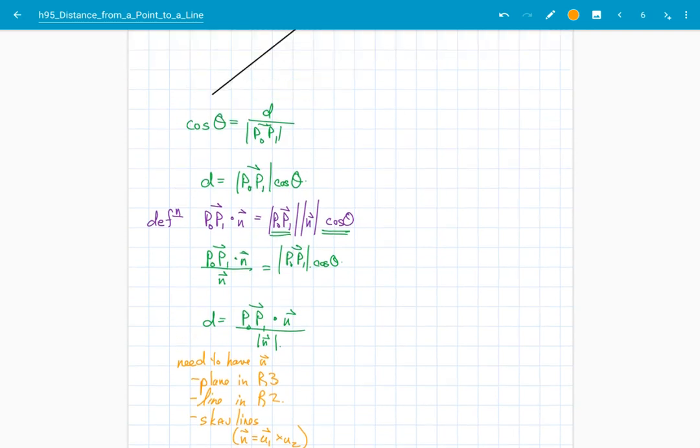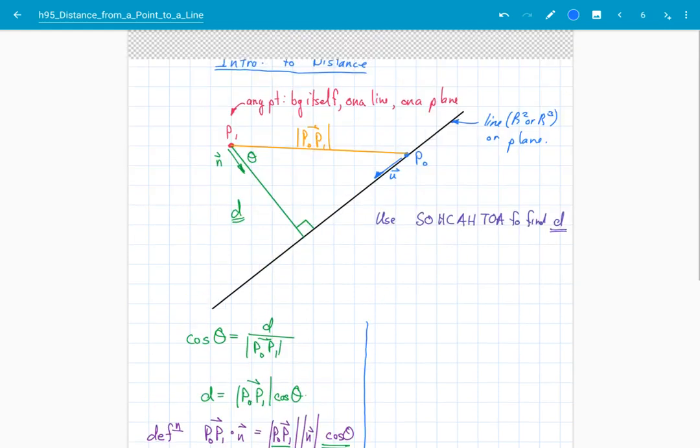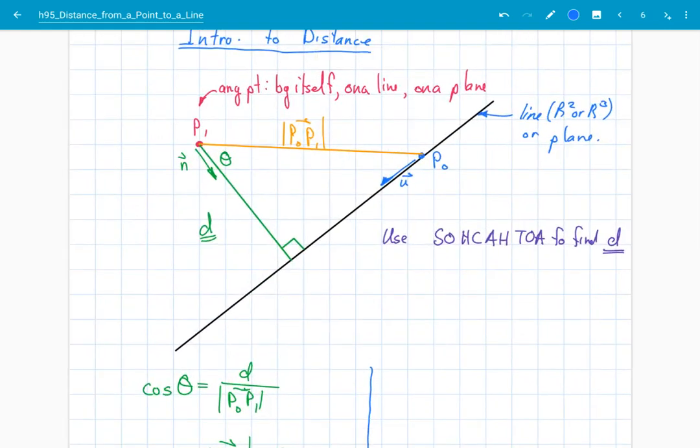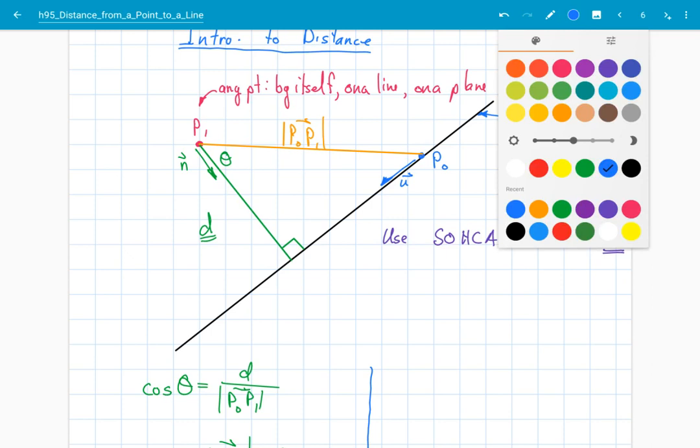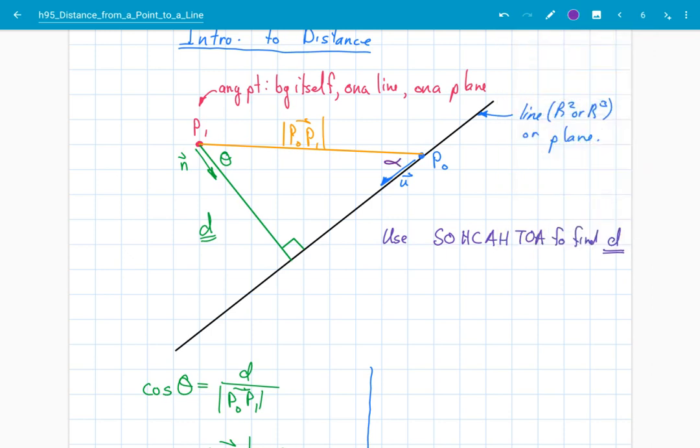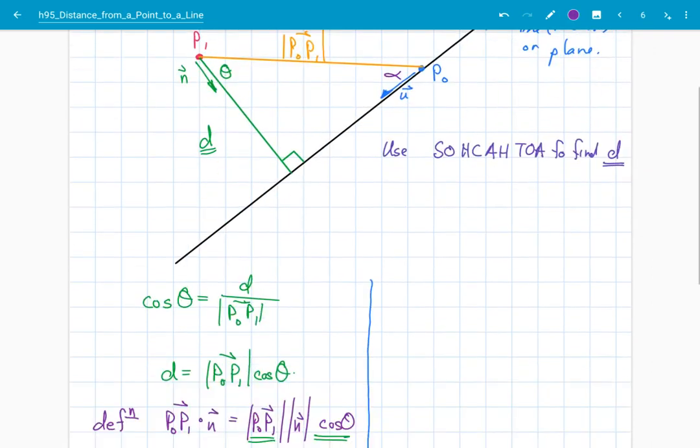All right. Well, what if we don't have the normal? What then? Well, then you need to have some other information about the direction of the plane or the line you're finding the distance to. So we'll call that alpha. And sine alpha is distance over the magnitude of P naught P1. And maybe you can guess where we're going with this. Sine is part of the cross product, right?